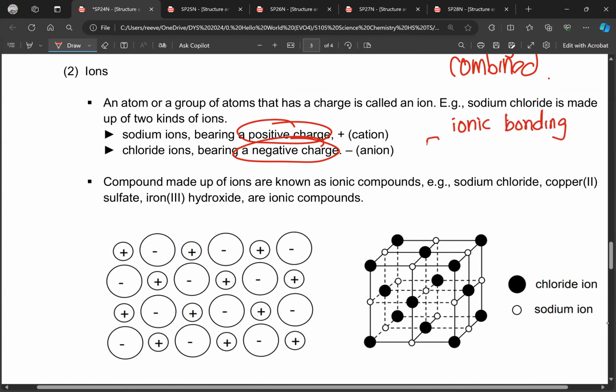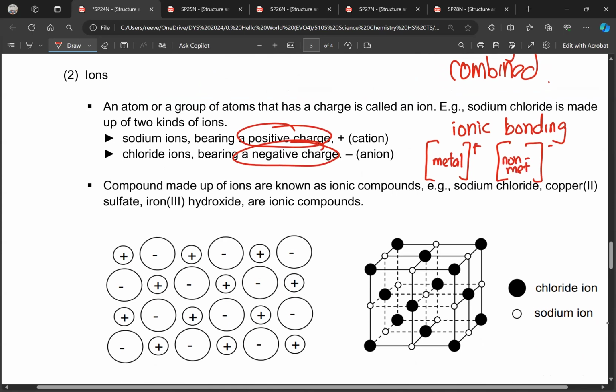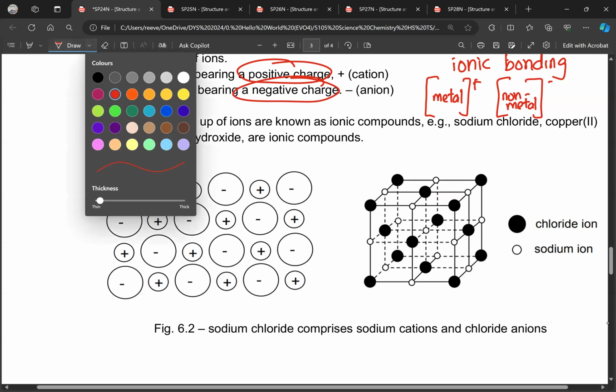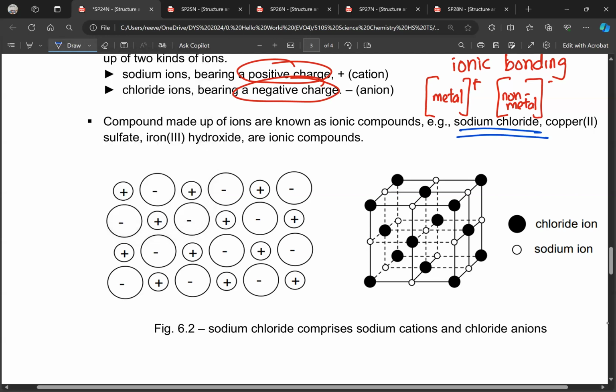Remember the bracket, then plus, then another bracket, then minus. Ionic. So I have the metal and the non-metal. Remember? For example, sodium chloride. Sodium is a metal. So it's Na plus and Cl minus.